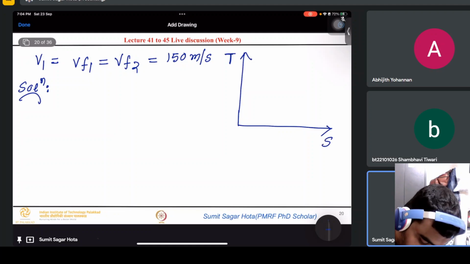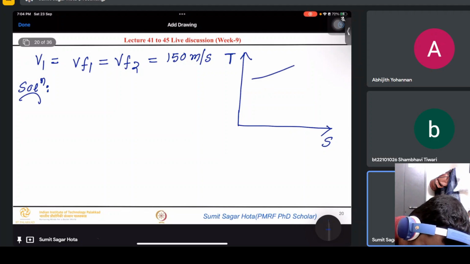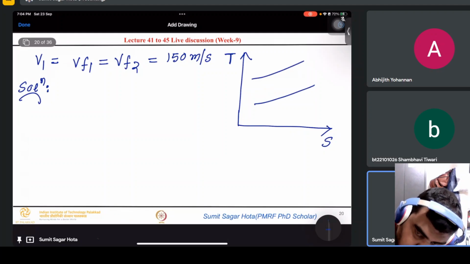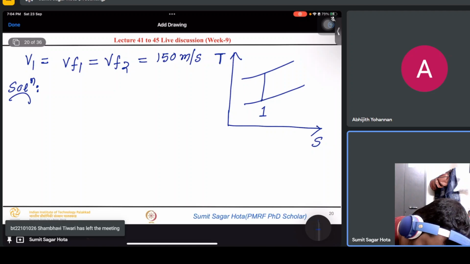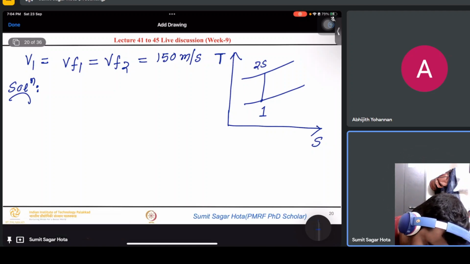For a centrifugal compressor only 1 to 2 is required. So for this kind of question you draw up to 1 to 2. So this is 1, this is 2s, and this is your 2.